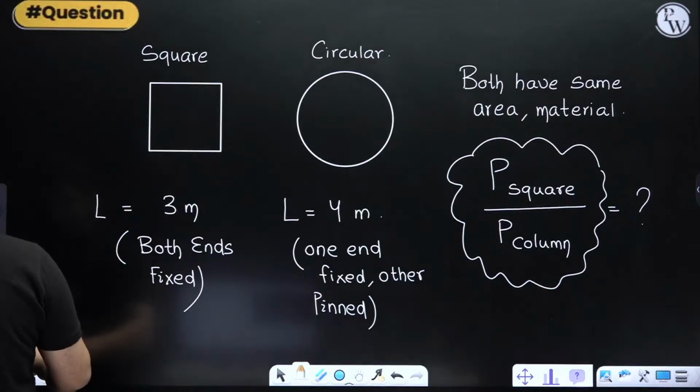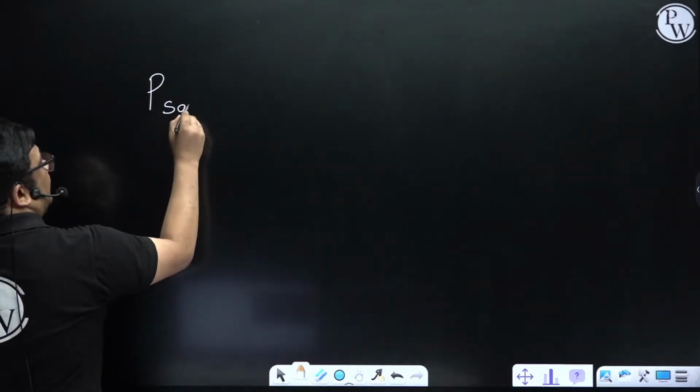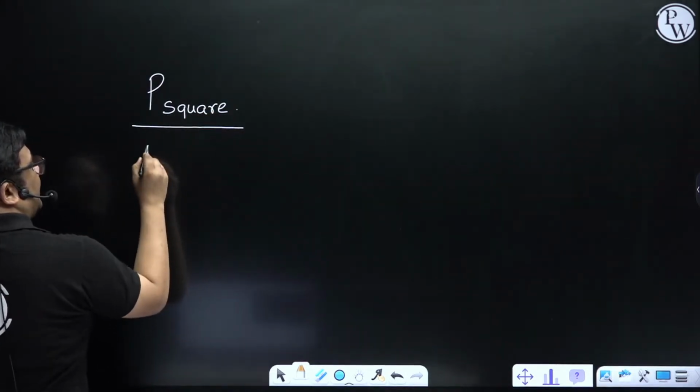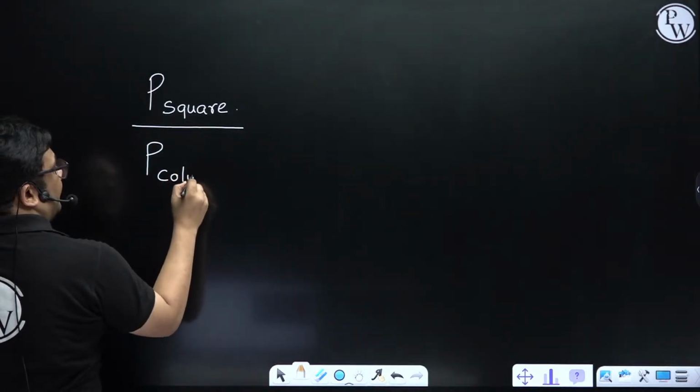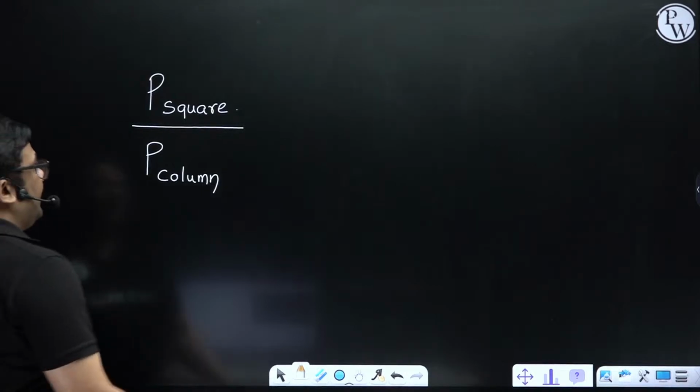So I write the buckling load of the square column over the buckling load of the circular column.